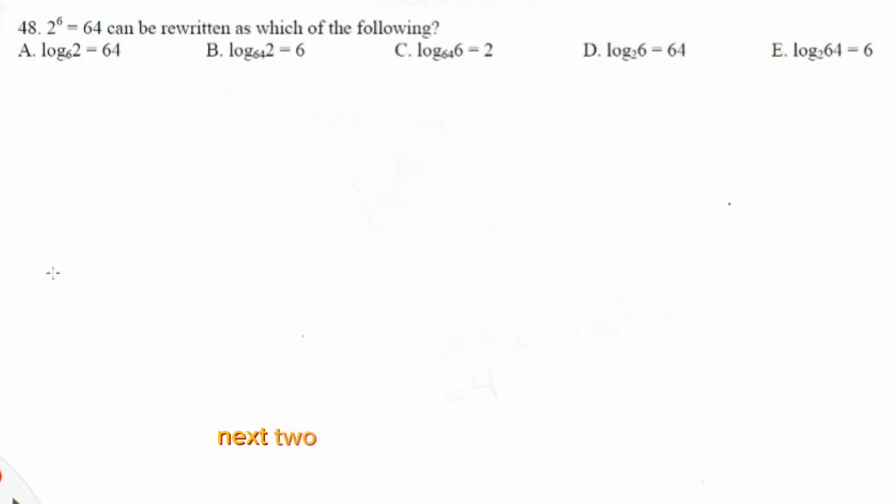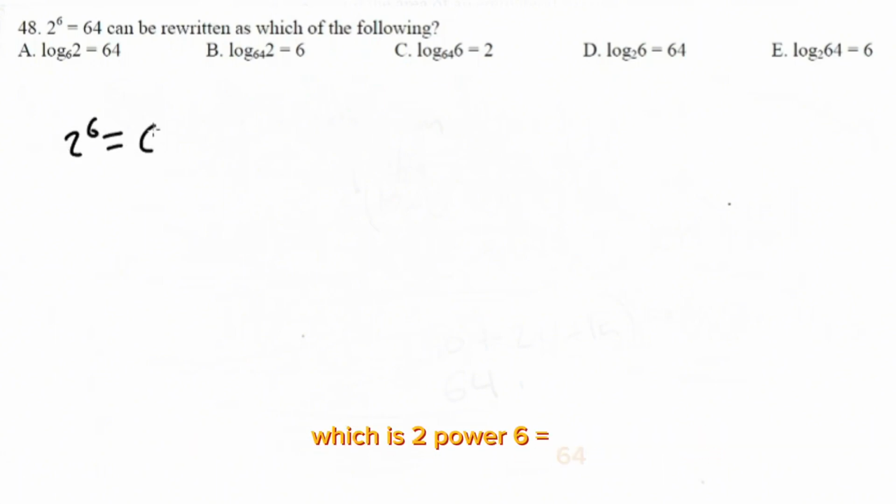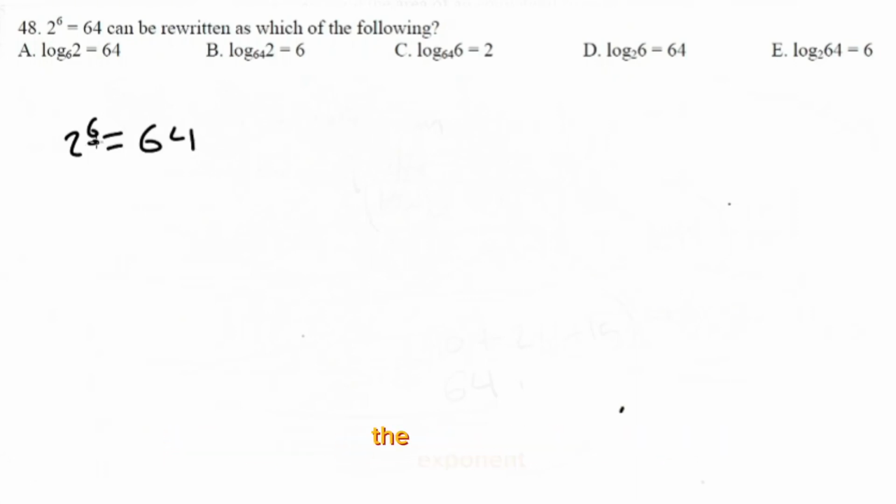Next, 2 power 6 equals 64 can be written as which of the following? Alright, so this is called a logarithmic problem. All you're trying to do is convert this, which is 2 power 6 equals 64, into terms of log. The way you do that is you first take the power, in this case 6, the exponent, and you set that as the other side of the equal sign. Next, you have the log over here.